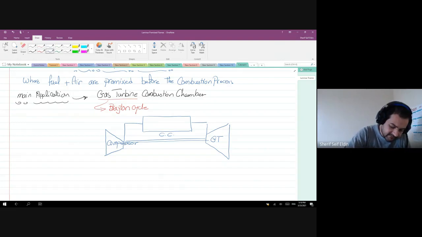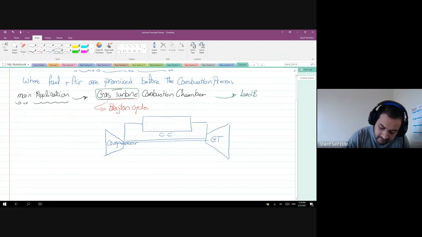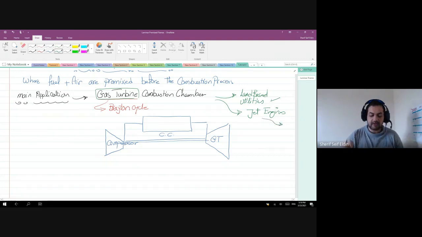So the gas turbine is either land-based utilities gas turbine, or jet engines. This one produces power, this one produces thrust force, right?